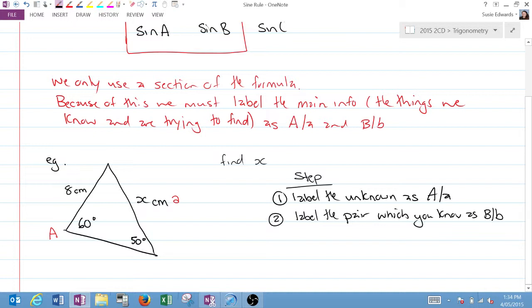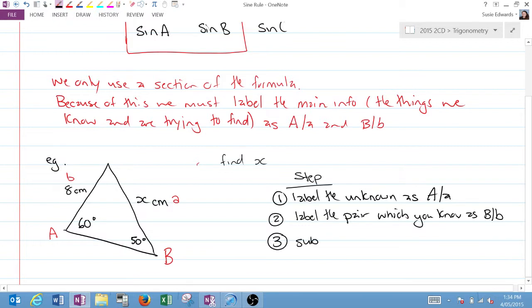You're always going to be given 3 bits of information at least, and you've got to find one. So what are we going to label as capital B? 50. Sorry, I usually say the capitals as just being B and then I say little for the little ones. Okay, and what becomes little b? 8.